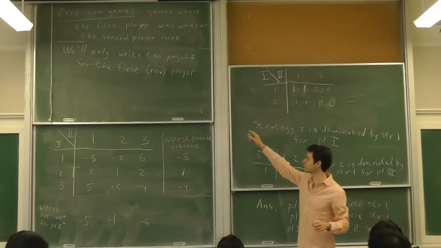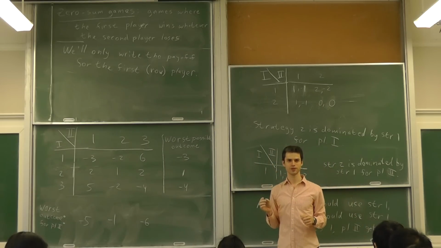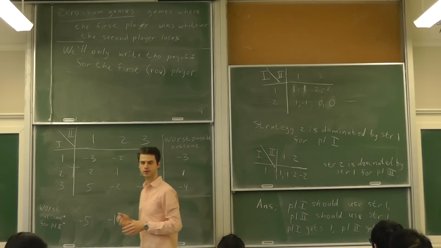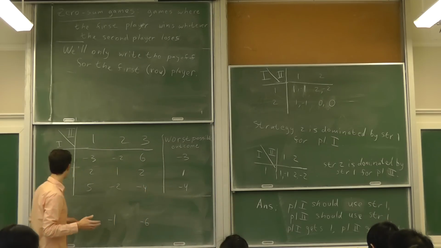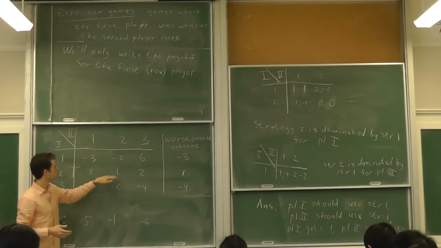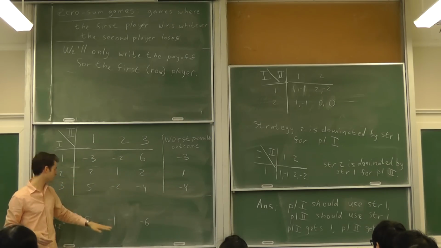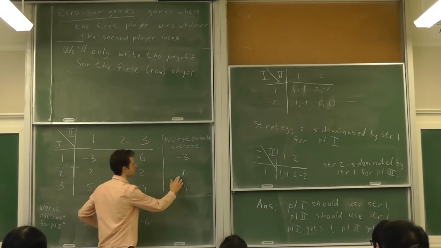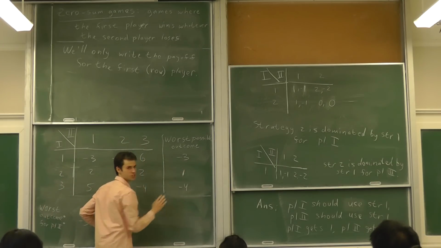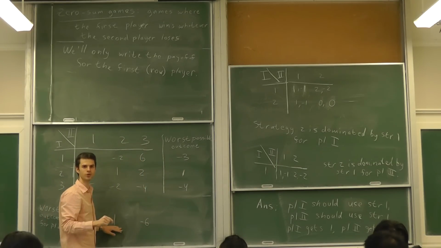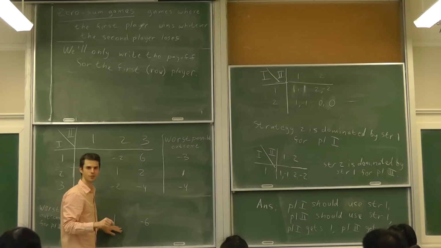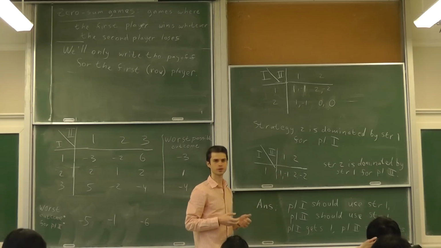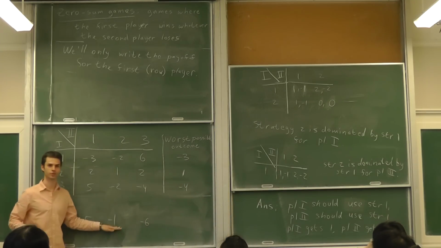The overall game is zero-sum. If I get X points, my opponent gets minus X points. So the optimal strategy for both players is to play strategy number 2. Just because, once again, the first player knows that he can guarantee for himself a victory of at least 1 point. The second player can prevent the first player from getting more than 1 point, just by choosing strategy number 2.